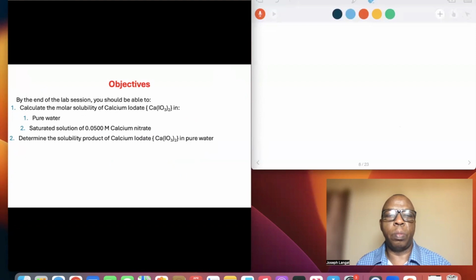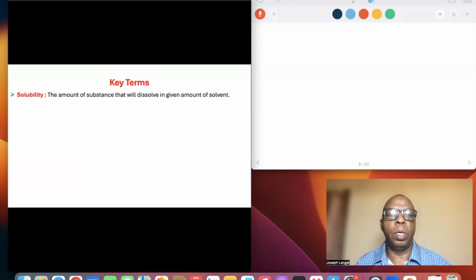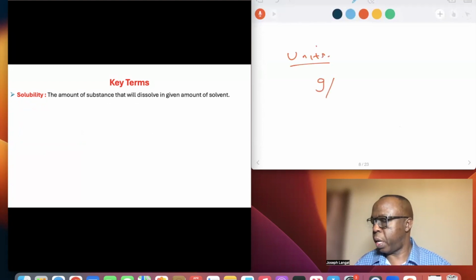Generally, molar solubility is defined as the amount of substance that can dissolve in a given amount of solvent. The unit for molar solubility can be grams per liter or moles per liter, or basically just molarity.